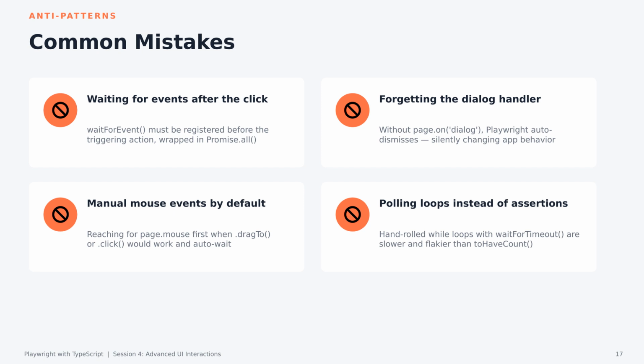Manual mouse events by default: reaching straight for page.mouse first when .dragTo or a regular .click would have worked fine and given you auto-waiting for free. And polling loops instead of assertions: hand-rolled while loops using waitForTimeout are both slower and flakier than just using toHaveCount.